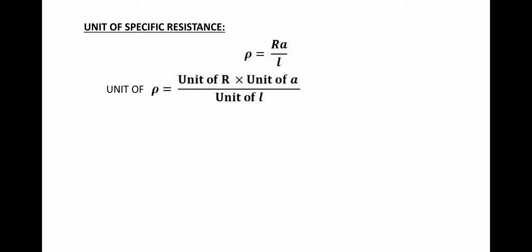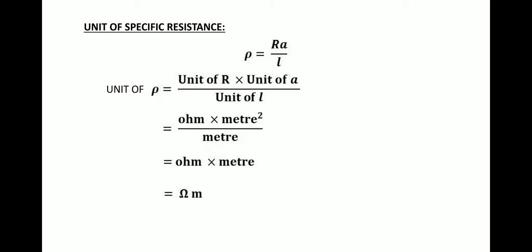We know that unit of resistance is ohm, unit of area is meter squared, and unit of length is meter. So when we simplify this, the meter at the bottom cancels the square on top, so we get ohm times meter. In short, if you write it by the symbol, ohm is written as omega and meter as m. So it is omega m, or simply ohm meter.